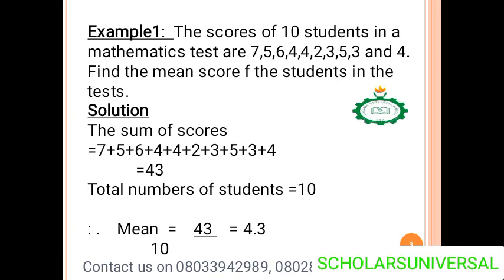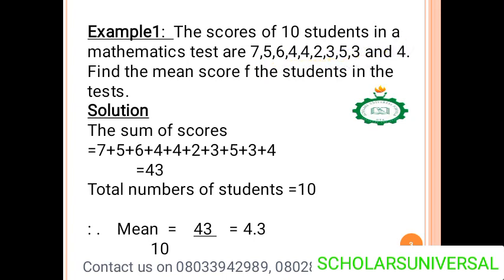Let's look at this example now. At least that one will make what I'm calling mean more meaningful. The scores of 10 students in a mathematics test are 7, 5, 6, 4, 4, 2, 3, 5, 3, and 4. Find the mean score of the students in the test. Solution: you will add up all the scores together.